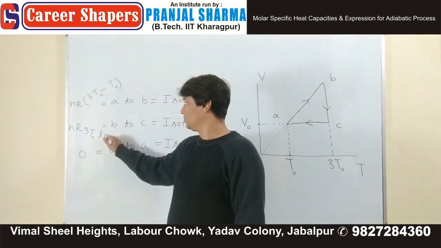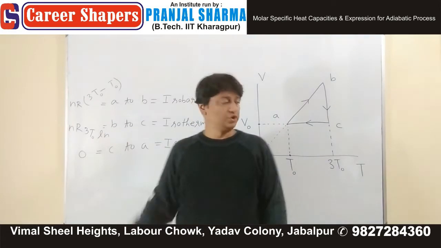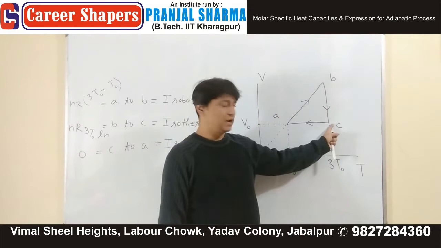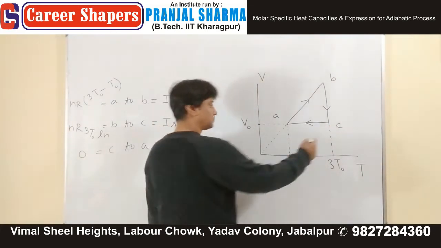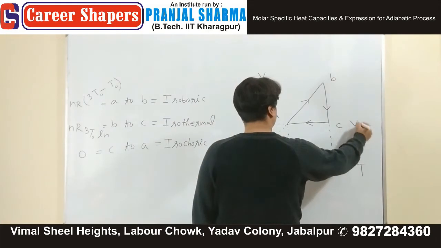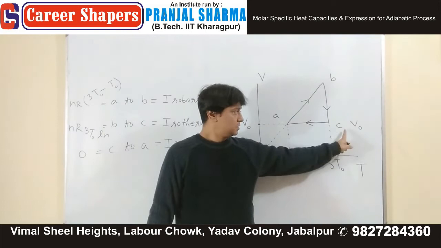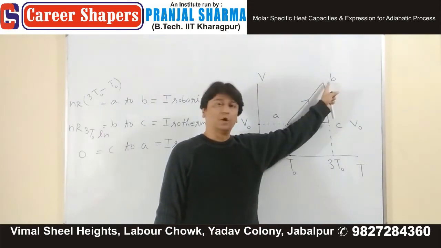Log of V final upon V initial. V final from B to C as you arrive. What is volume at C? V naught. C is the final point, moving from B to C. What is volume at B?